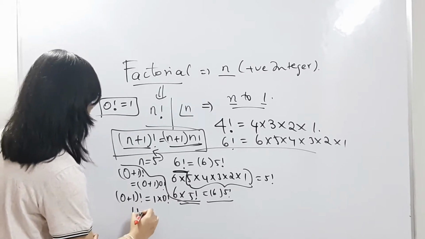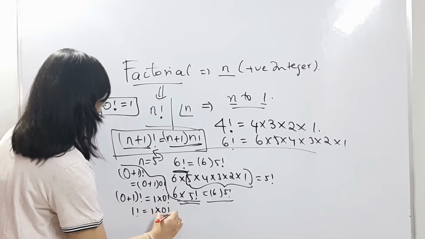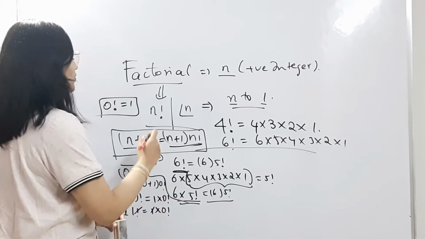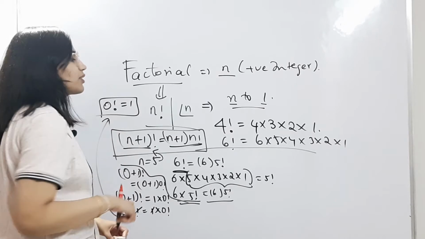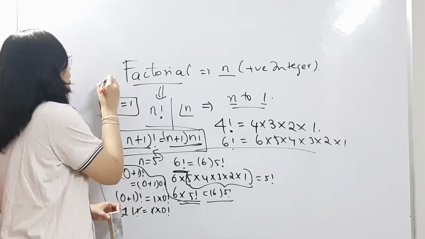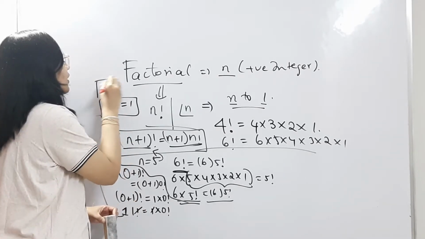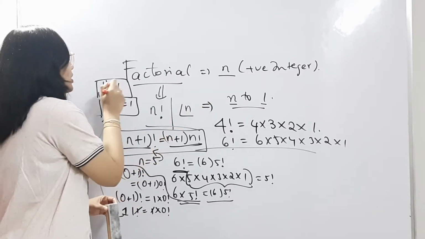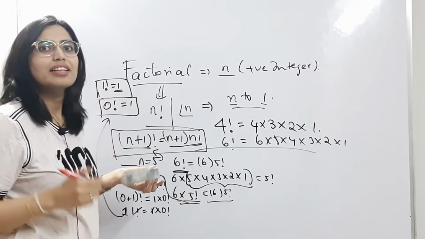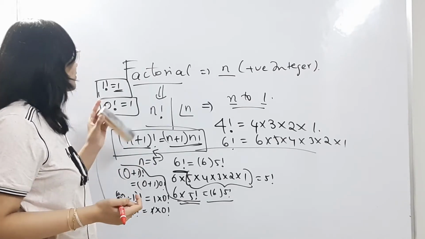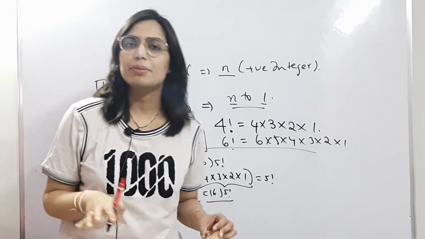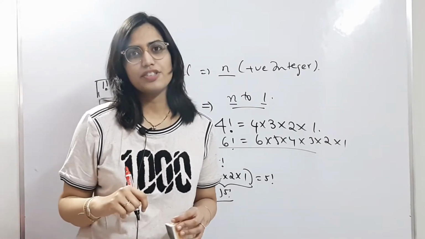So 1 factorial is equal to 1 into 0 factorial, and you know 1 factorial is 1 only. Hence we can say that 0 factorial is 1, and also 1 factorial is 1, because the product of integers, if you consider 1, gives only 1. So these are a few results that you need to keep in mind while doing factorials.